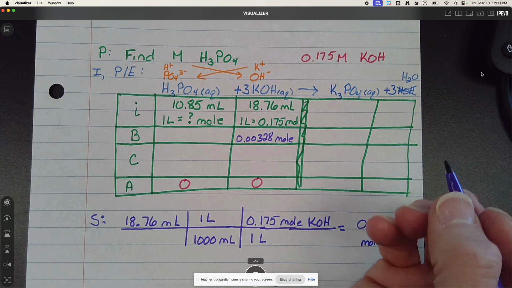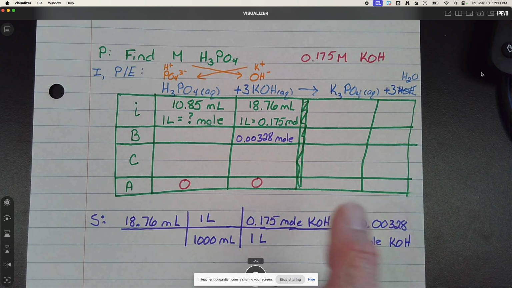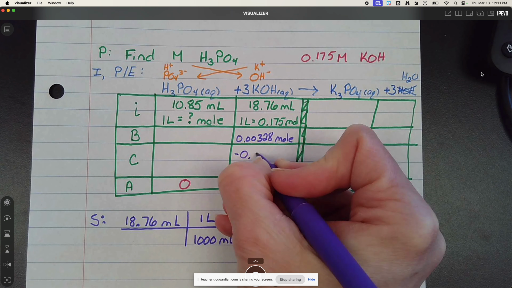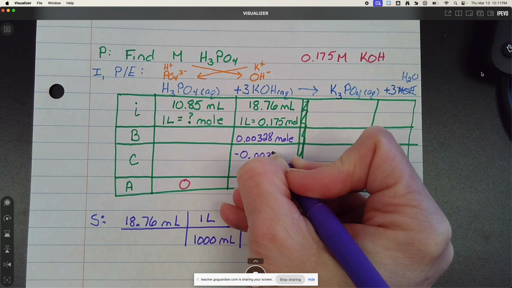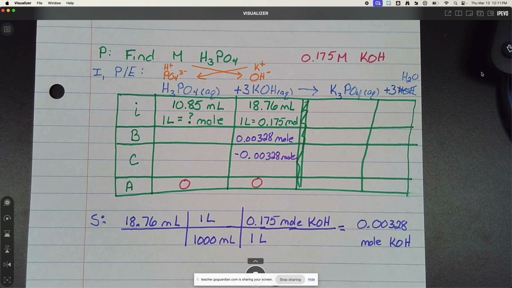If I start with 0.00328 moles of the potassium hydroxide, and I use it all up, that must mean I spend 0.00328 moles. And now I have none left.